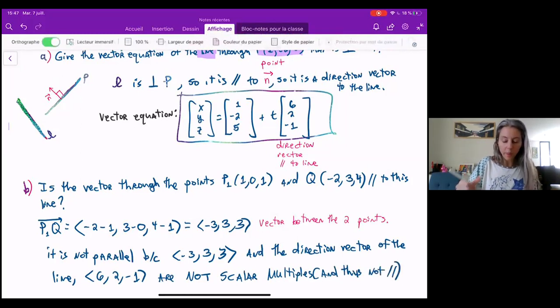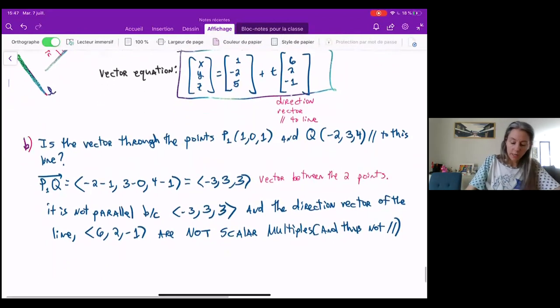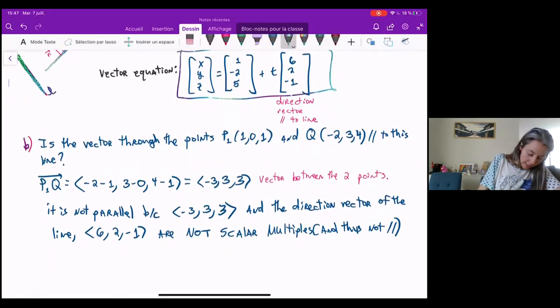Okay, so we're going to add one last question to this. So basically we're saying (6, 2, -1) is the direction of the line. This vector is a different direction. It's not scalar multiples. Is that different direction perpendicular? So that's our third question here. Is that same vector, which we'll call P1Q, perpendicular to the line?